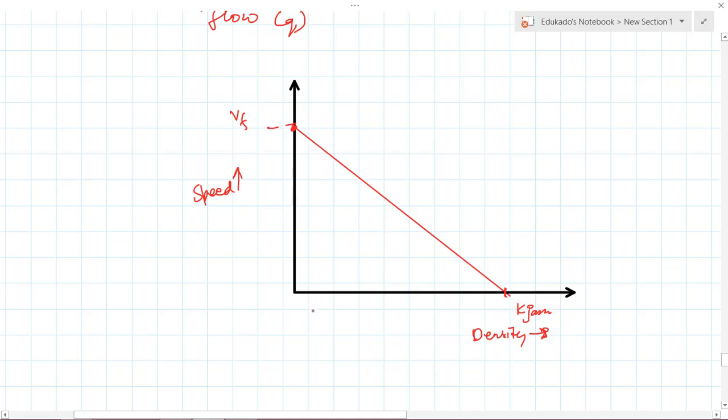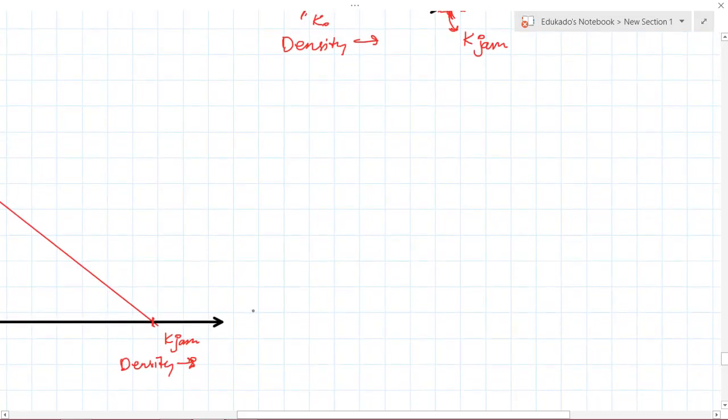Now if you want some mathematical relations, I can give them to you for use in the GATE exam. If you need to calculate the velocity and you know the free flow velocity, then you can use V equals VF times 1 minus k divided by kj. And this q, as I've already told you before, equals k times velocity. Simple.